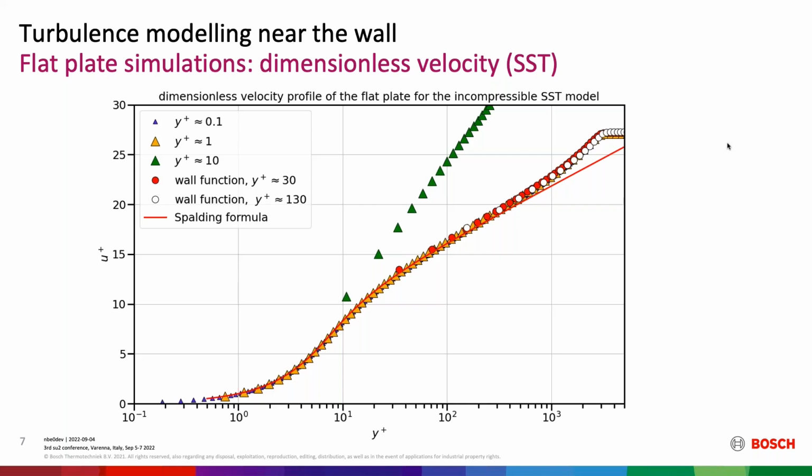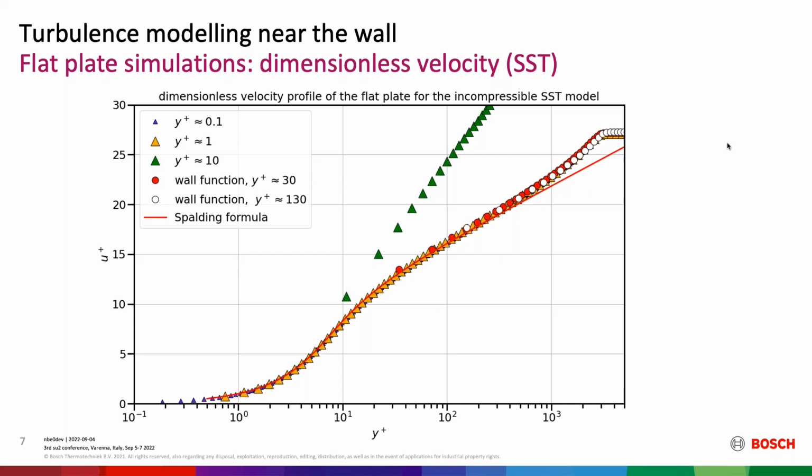We see that all the way up to y plus is 1,000 we follow this universal law of the wall. Now for y plus is 10, however, the velocity profile is clearly wrong. You can also see in the figure that the first point starts here at y plus is 1, and then we have a large deviation from the velocity profile.